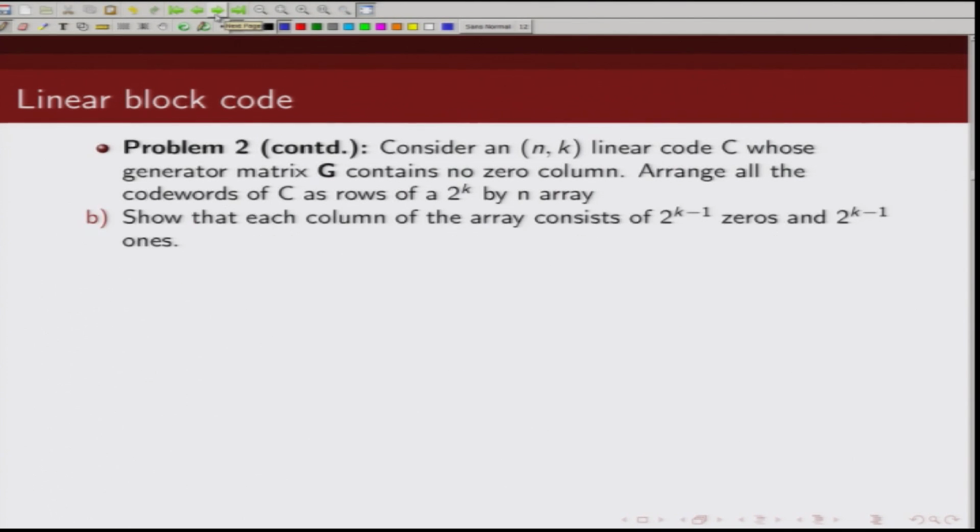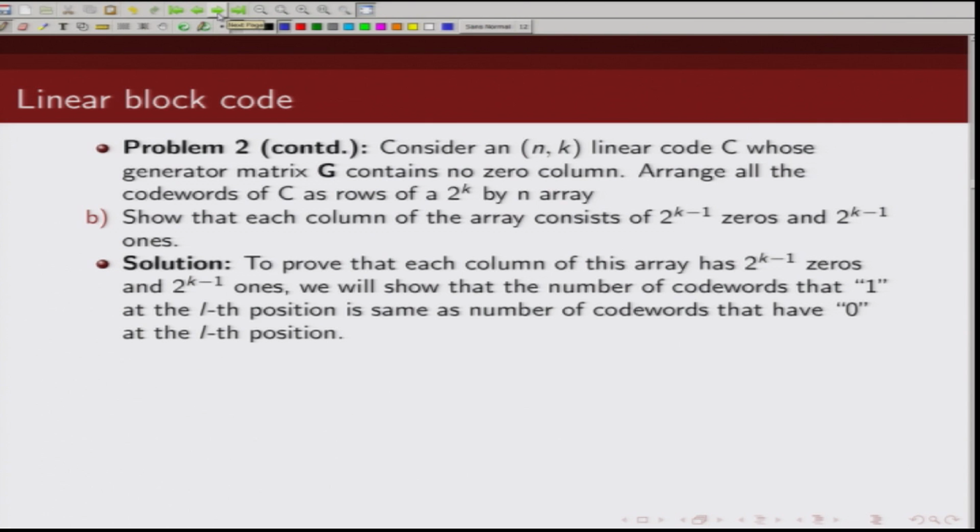The next result that we are going to show is that in this 2^k cross n array, each column consists of equal numbers of zeros and ones. There are a total of 2^(k-1) zeros and 2^(k-1) ones.